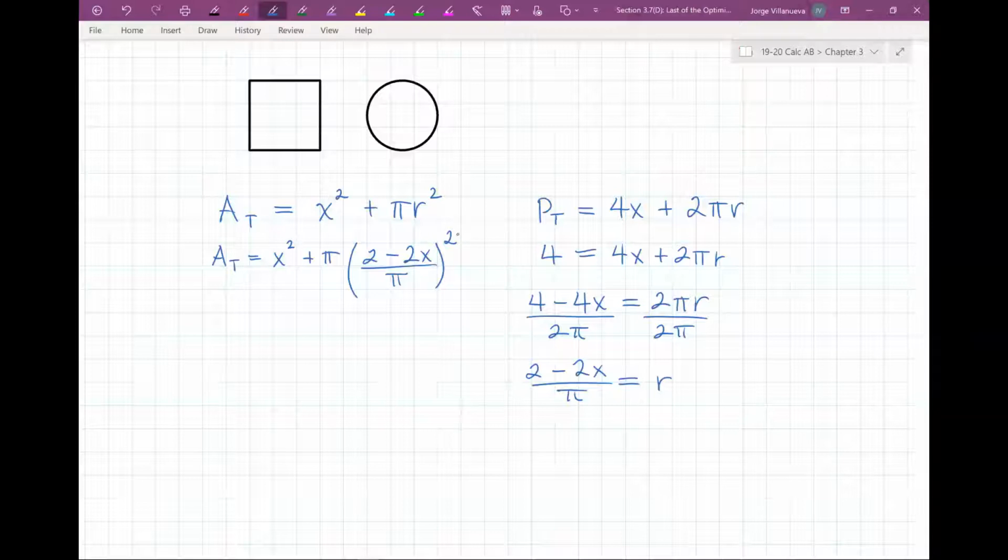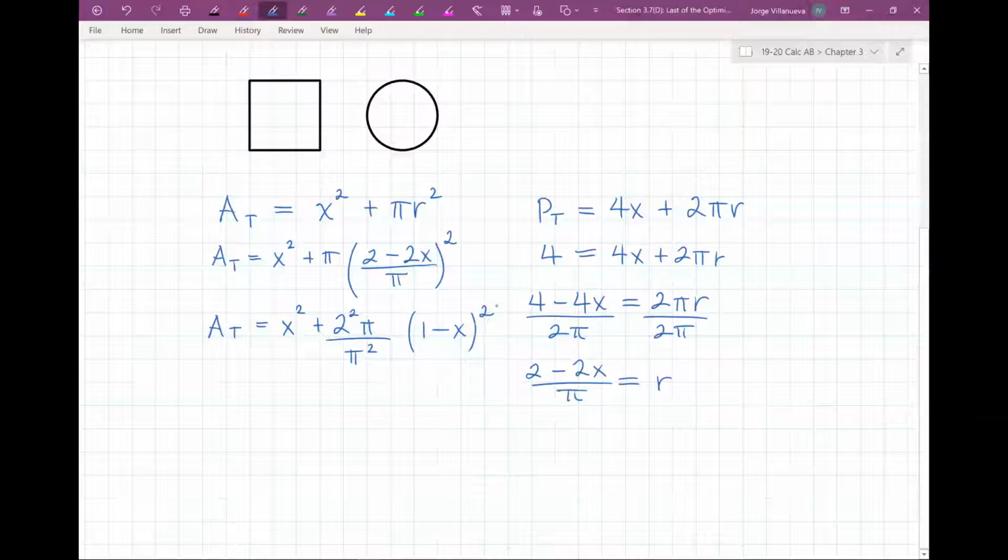Let me mess around with this a little bit. I'm going to factor out a 2 from the parenthesis. I'm also going to factor out the pi. But since they're inside of a square term, I've got to really factor out a 2 squared and a pi squared, okay? So it's going to look like this. A sub t equals x squared plus (2 squared pi over pi squared) times (1 minus x) squared.